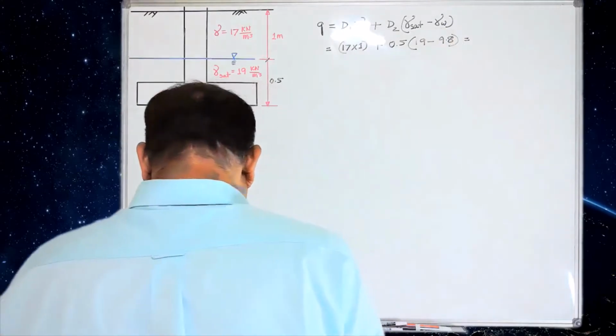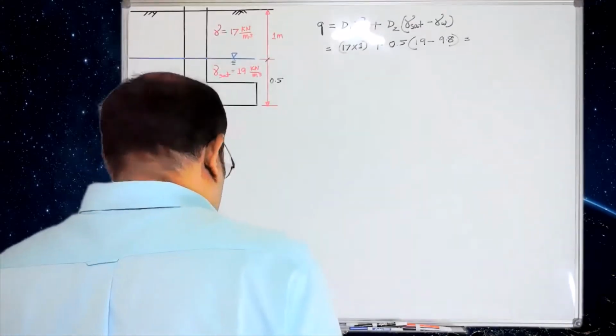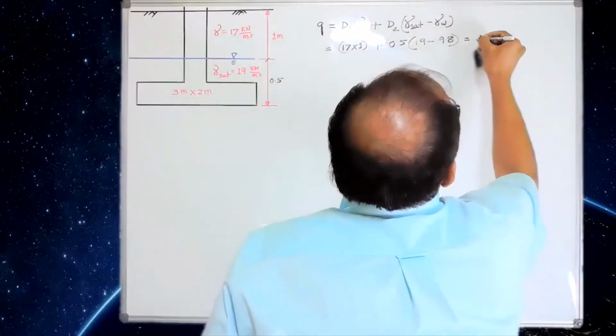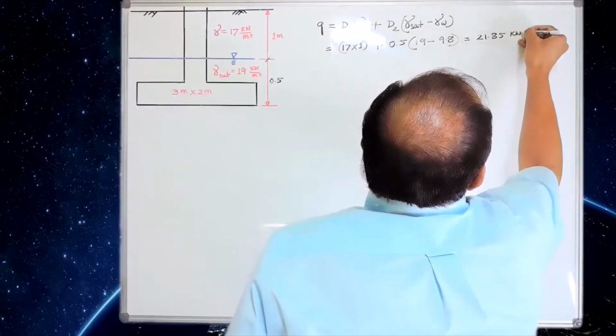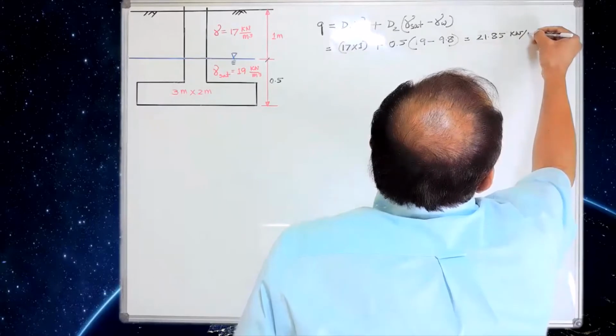So your q is basically 21.85 kilonewton per meter square.